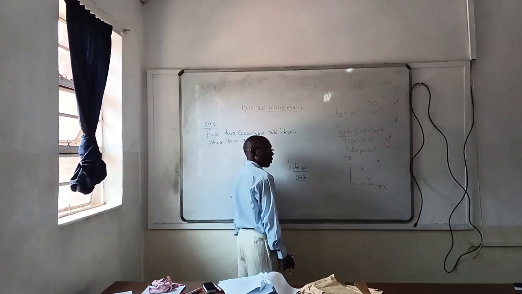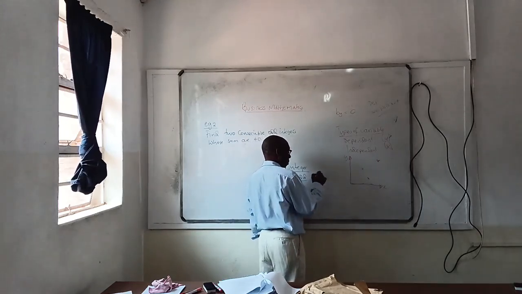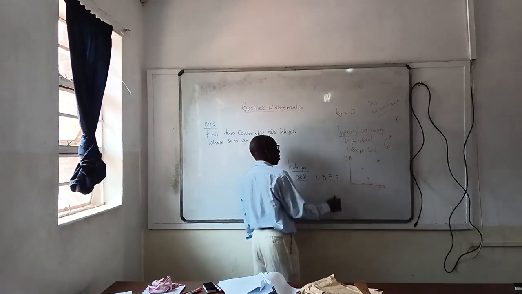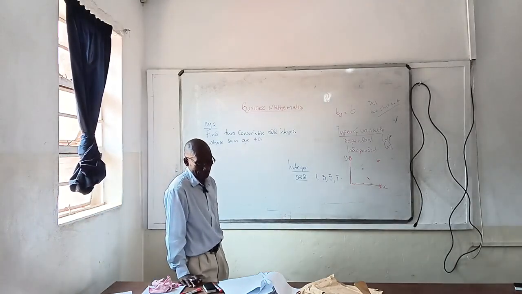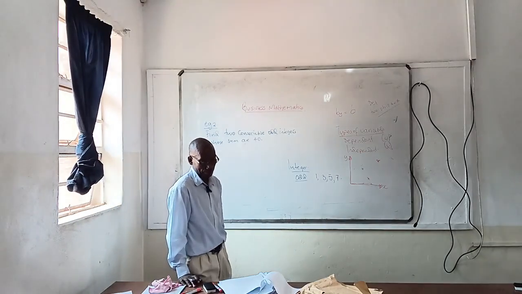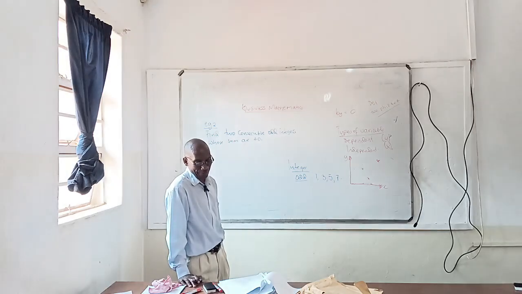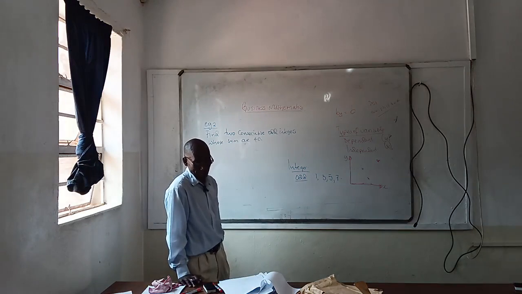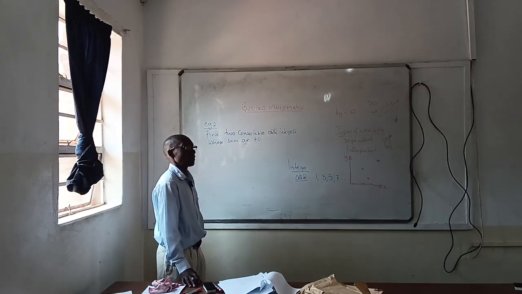Example: the first one is 1, then 3, then 5. Find two consecutive odd integers whose sum is 40.